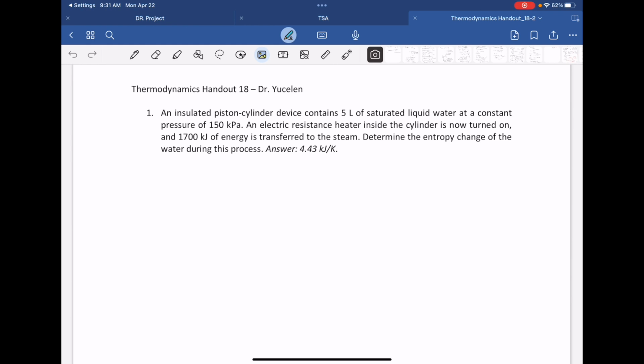Now, if a question asks for the entropy change of the water, in other words, the entropy change of our system, one way we can solve it is looking at this equation.